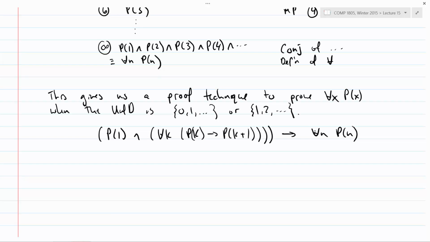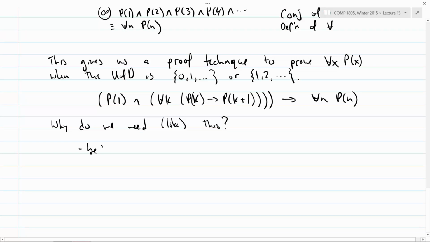All right, so this seems like it's worse, so why do we care? Well, the idea is, earlier in the course, before we knew how to prove for all x, ax implies bx, we already knew how to do that.